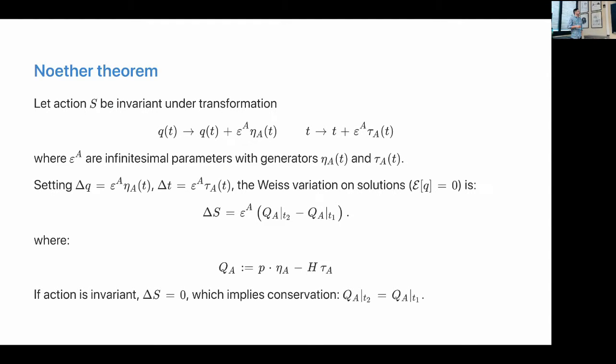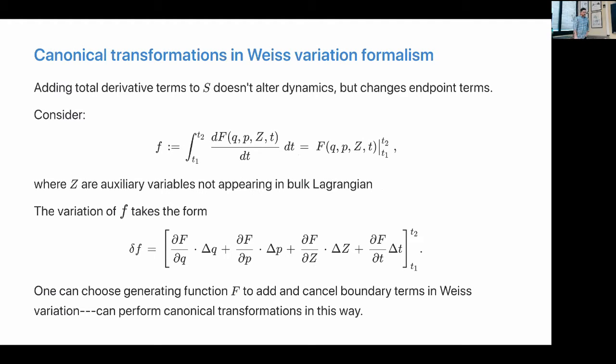If you demand that the action is invariant under these transformations, then you have the conservation of this quantity Q_a. So if you have a symmetry, you get a conserved quantity. That's a quick way to Noether's theorem.